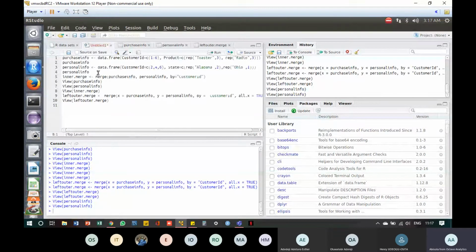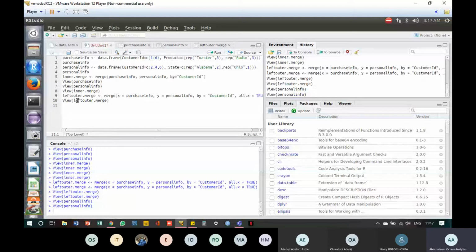Personal info. Let me go to personal info and do something. So let me add 8. Okay, let me add 8. And let me tell it to repeat Ohio twice.